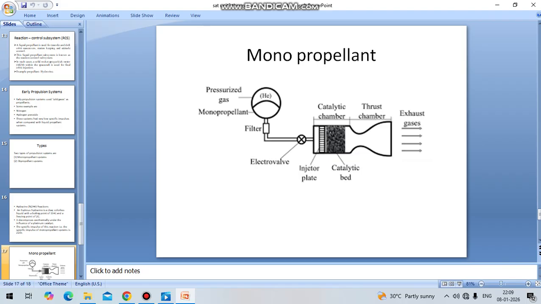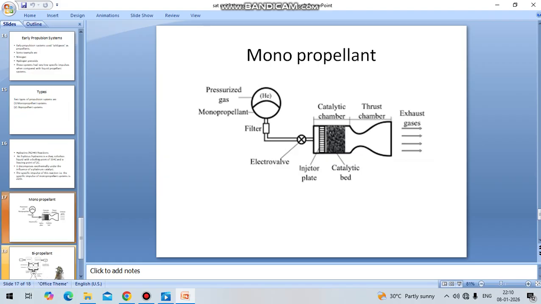Once the valve is opened, the gas flows through the catalytic chamber, and a chemical reaction takes place and it decomposes into hydrogen as well as nitrogen gases. Then these gases are made to pass through the thruster chamber, so that it generates thrust in the satellite.